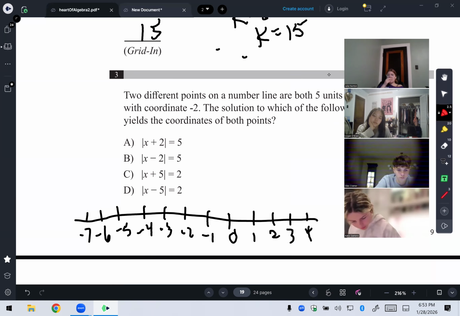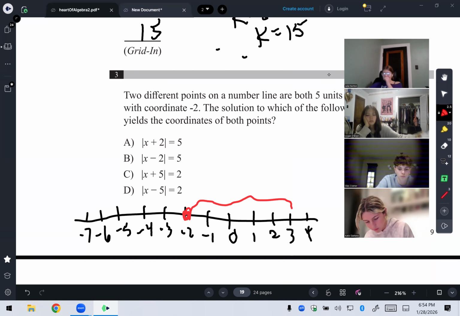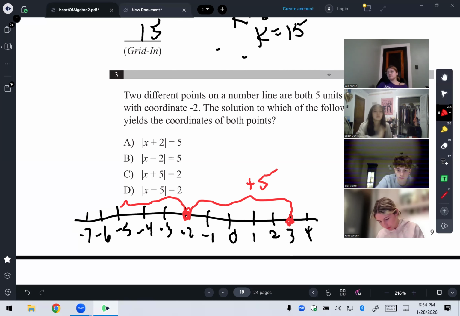Okay. So -2 is our middle point, and the two different points are 5 units away. So -2 plus 5, so 3 would work, or -2 minus 5 would work, which is -7.